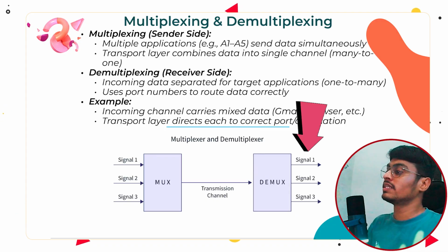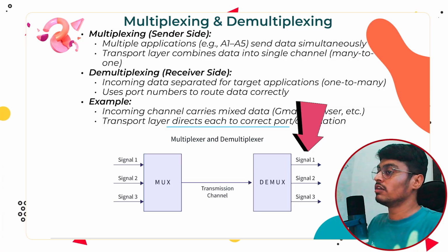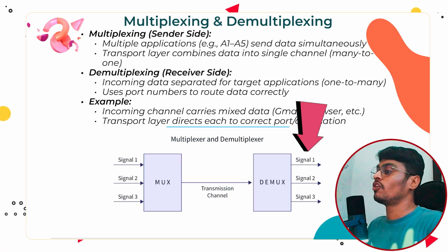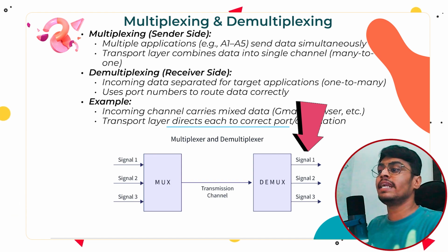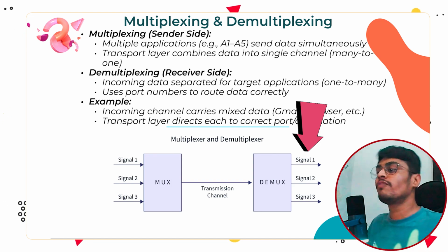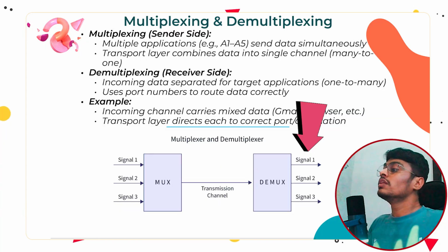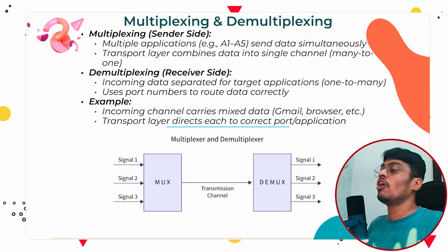For example, one message is for Gmail, another message is for another application, another for some third application. Sending those messages to the correct application is also the responsibility of the transport layer, and we call this multiplexing and demultiplexing.